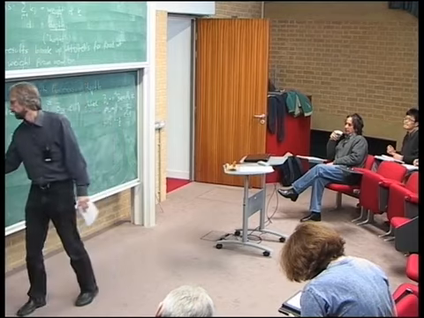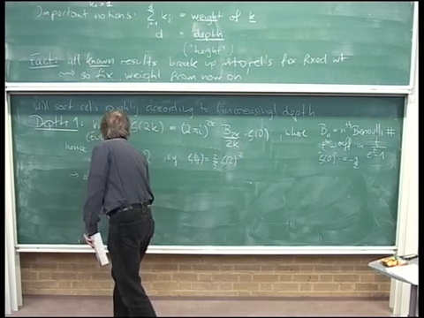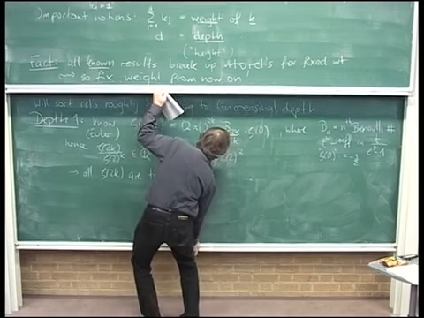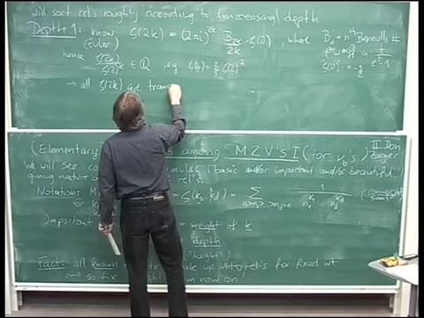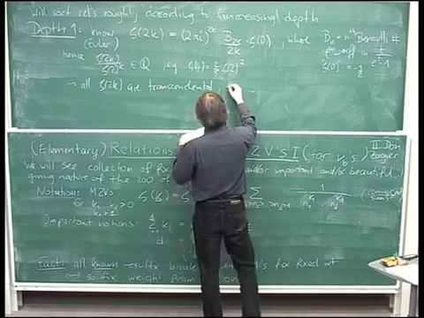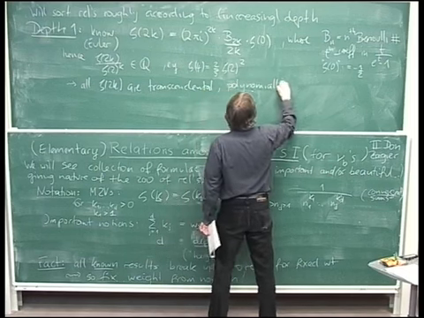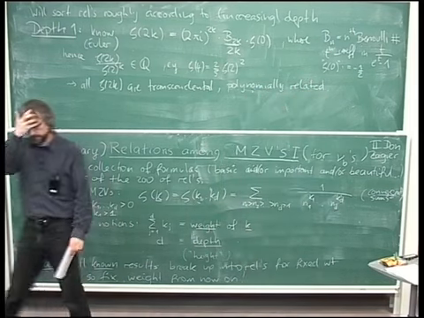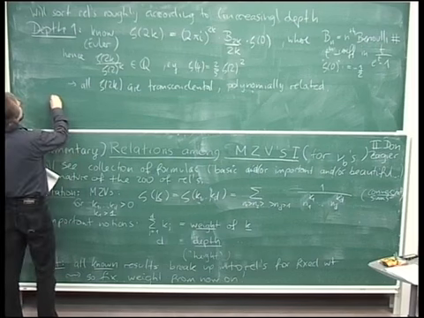And so in that sense, all the zeta 2k's are transcendental numbers, but related to each other polynomially. So that's the good side of the story, or the well understood side.